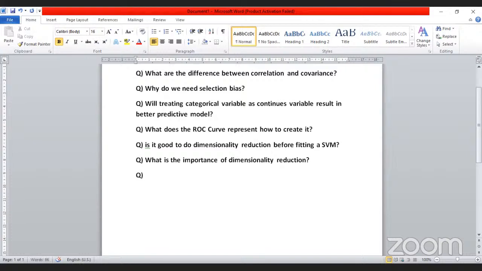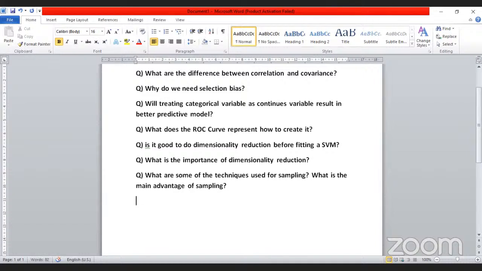The question is, what are some of the techniques used for sampling and what is the main advantage of sampling?